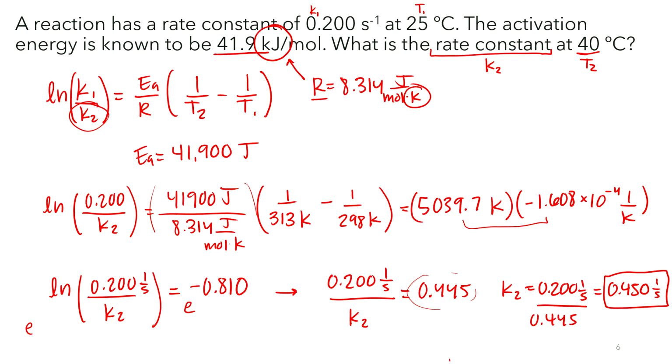I should get a rate constant that is slightly larger than my original rate constant. And I got that. So that makes me feel better about this answer. I turned up the temperature a little bit, and my K got bigger. Not by like a factor of 1,000, but almost doubled. That feels right.